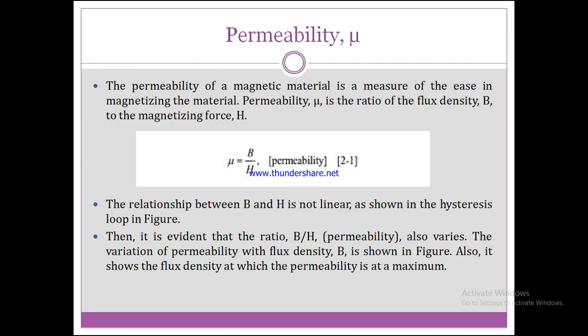Then it is evident that the ratio of B upon H, that is the permeability, also varies. The variation of permeability with flux density B is shown in the figure. Also, it shows the flux density at which the permeability is at maximum.